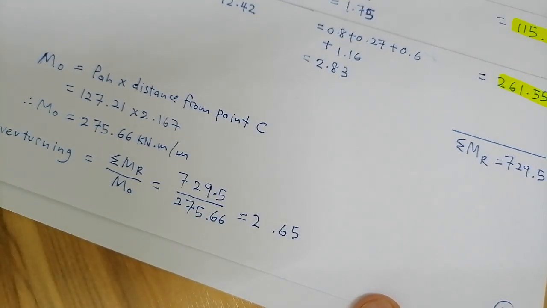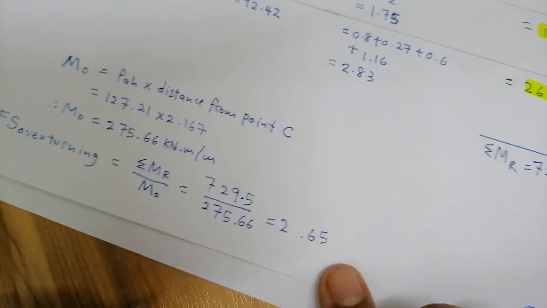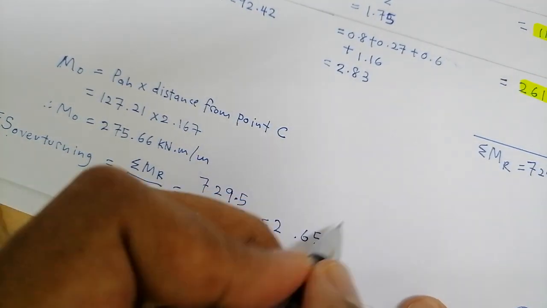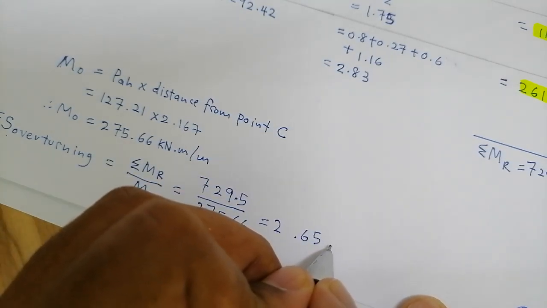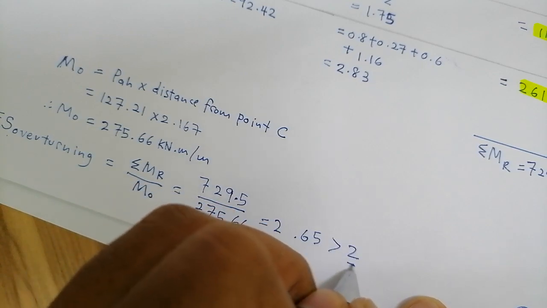Okay, no units, because this is the factor of safety. And for overturning, based on the code, it is safe if the factor of safety against overturning is more than 2.